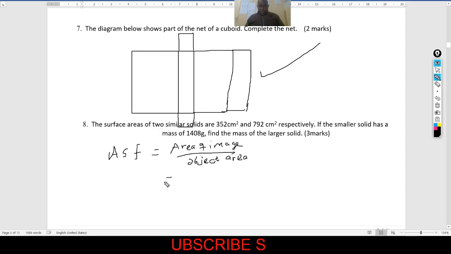So our area scale factor equals image area, we take the 792 centimeters square, out of 352.